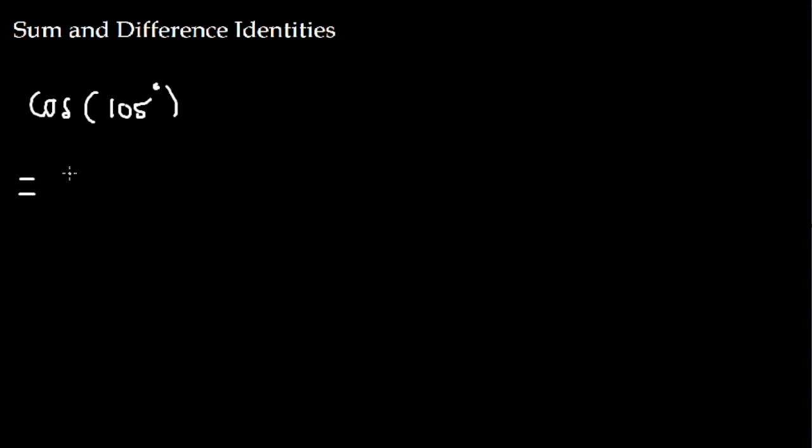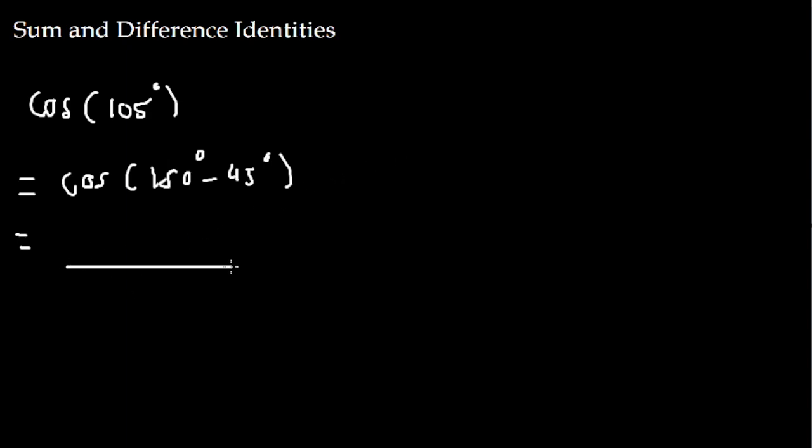Now, let us try cosine 150 minus 45 degrees. Now, you can use any angle in the unit circle, as long as if you add or subtract it, it will equal to 105 degrees. Now let us use this one.